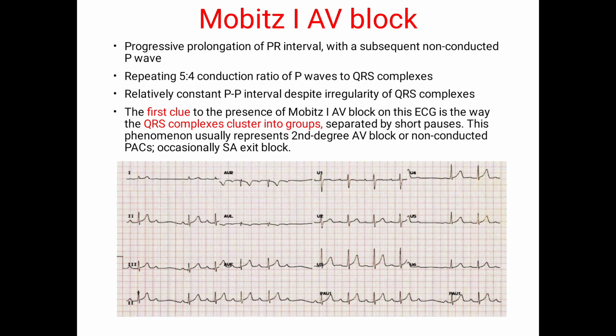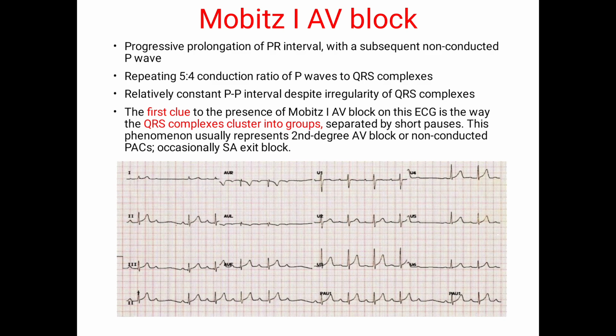Here in this ECG we can see progressive prolongation of the PR interval with subsequent non-conducted P wave. We see 5:4 conduction ratio of P waves to QRS complexes, and there is relatively constant PP interval despite irregularities of the QRS complexes.